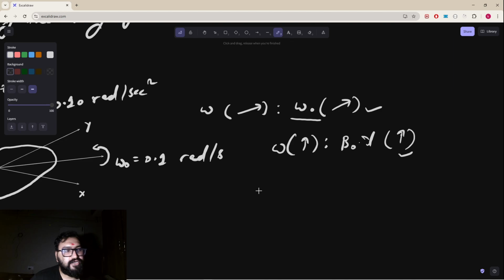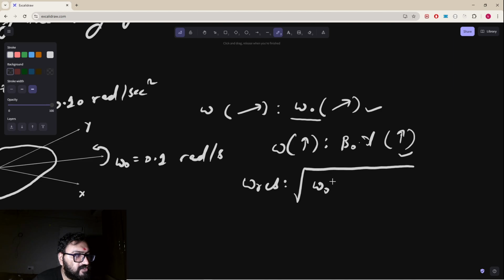So in order to find out the resultant angular velocity, I just need to use the Pythagoras theorem. So omega resultant will be equal to root over omega naught square plus beta naught t whole square.